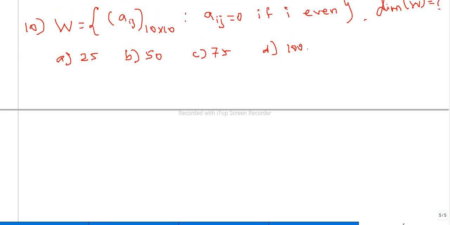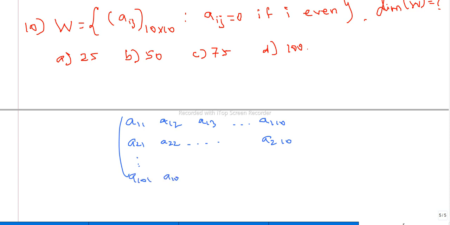All the second row should be 0. Now if we take any matrix, usually we write Aij as A11, A12, A13, and so on up to A110, then A21, A22, and so on up to A210, and so on, A101, A102, up to A1010.